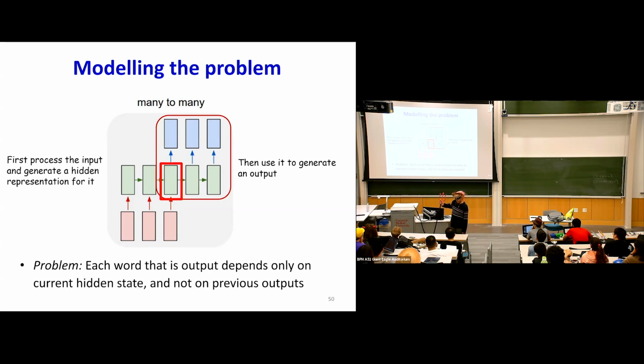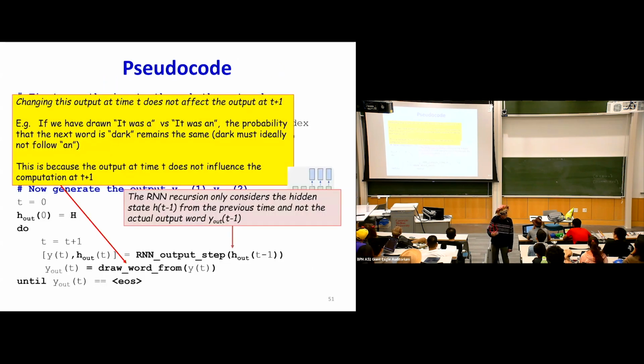There's nothing here which tells me that words that start with vowels must be more probable at the next time. That's because whatever is being chosen at this time is not being referred to at the next time. Every word is being treated independently.